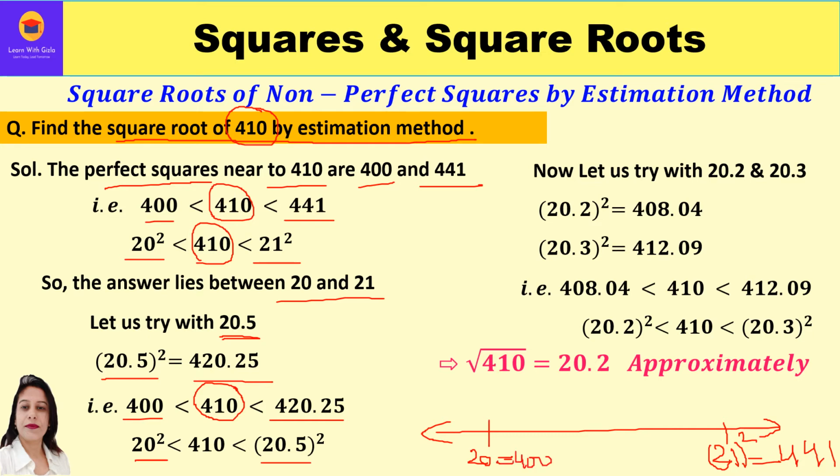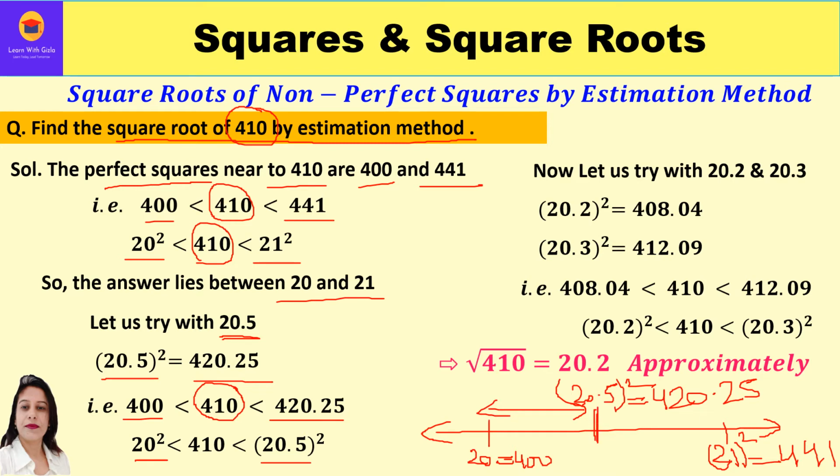So I will try with some middle number, say 20.5, whose square I am getting 420.25. Now somewhere between this, the square root of 410 will lie between 20 and 20.5.